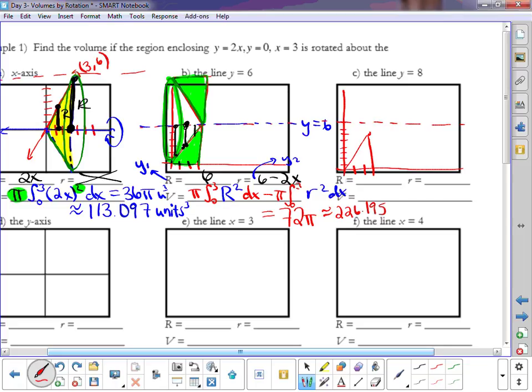Okay, so once again, I'm just going to get a rough sketch of what it looks like. So I'm just reflecting that shape.